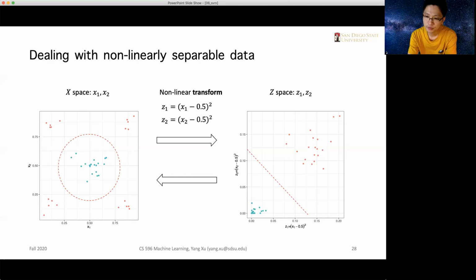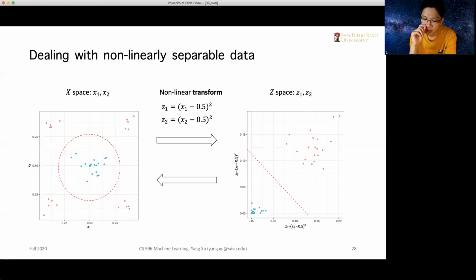So the decision boundary is W transpose times X plus B. It's a linear form, right?